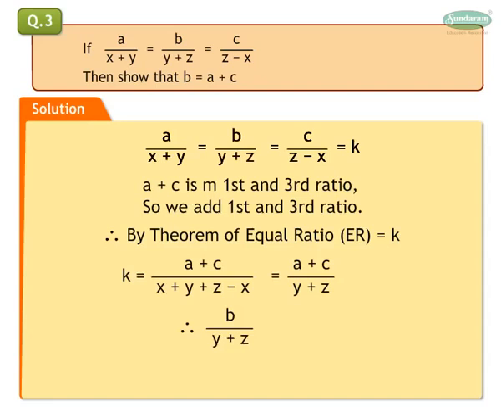Since ER is equal to (a + c)/(y + z), therefore the second ratio is also equal to (a + c)/(y + z). Now, since the denominators of the left-hand side and right-hand side, which is y + z, are the same, the numerators have to be equal. Therefore, b is equal to a + c.